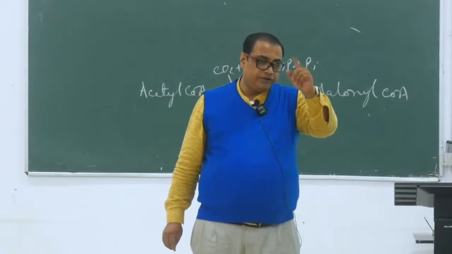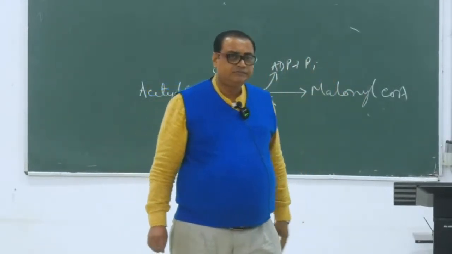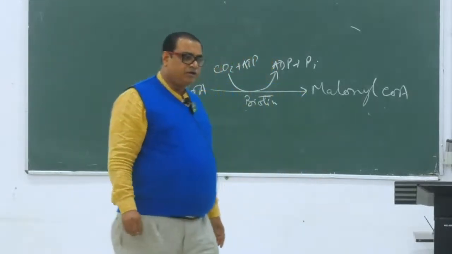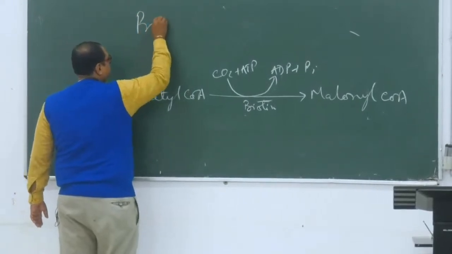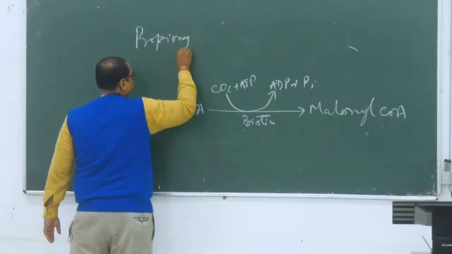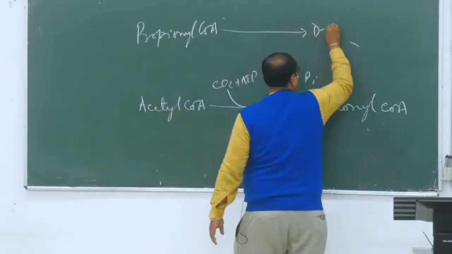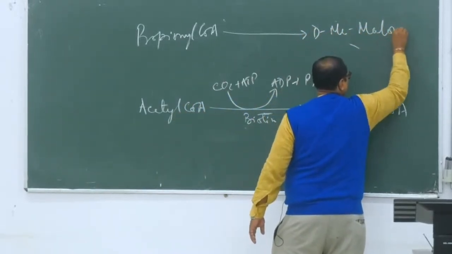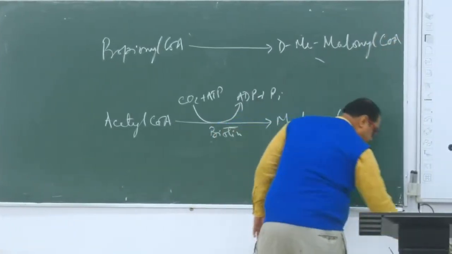Gluconeogenesis, very good, very good. What is the product? Substrate and product? D-methyl malonyl CoA, propionyl CoA carboxylase. Correct?